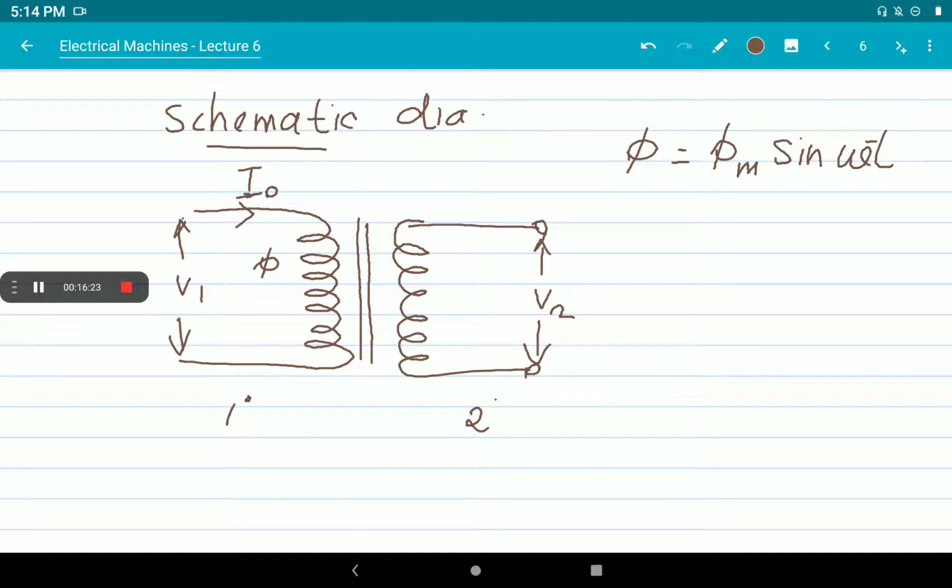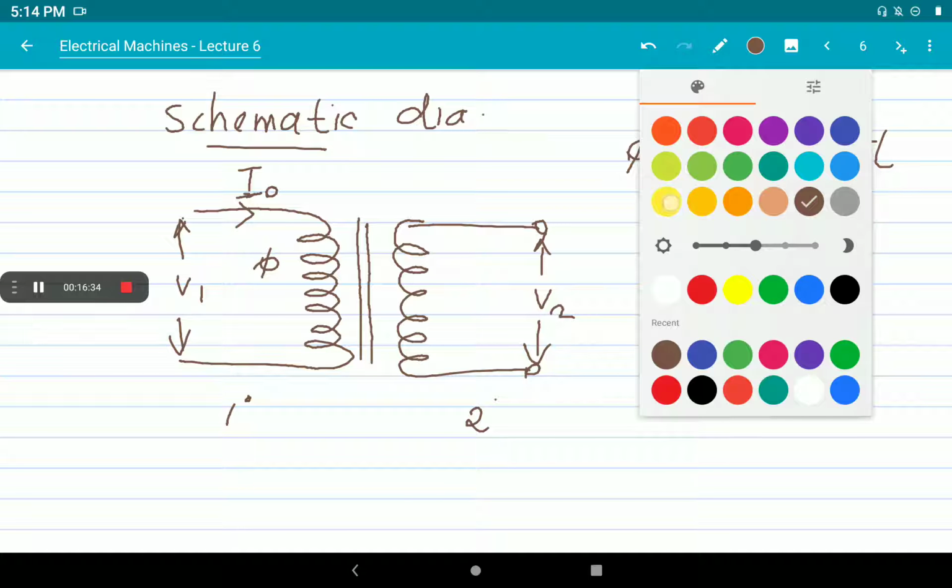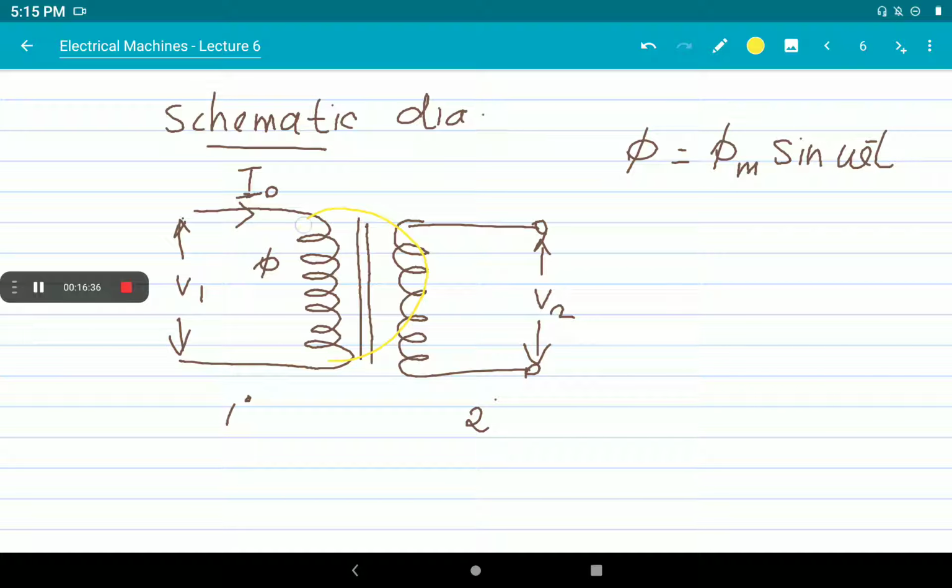Phi m sin omega t is the flux produced by the primary winding. The flux linking with the primary is normally linked with the secondary also. The flux lines are linked with the secondary also.